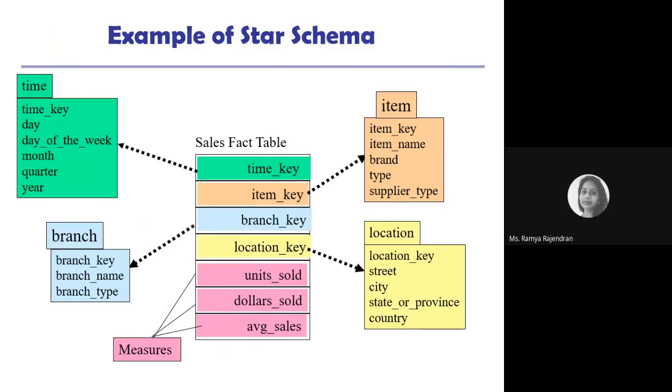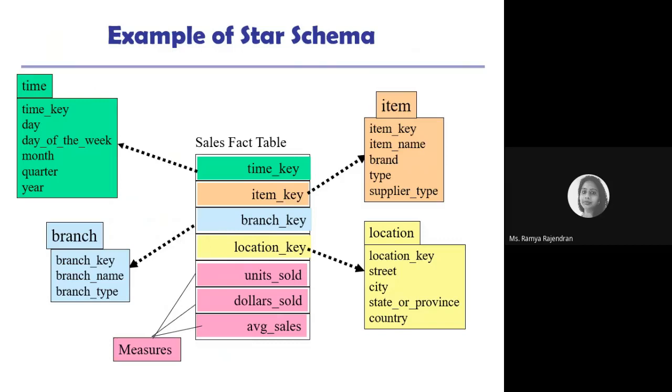Okay, so here is an example of a star schema. I have all the fact information, the measures, in the center: time key, item key, branch key, location key, units sold, dollars sold, and average sales. All these three are measures. The time key will have time information: day of the week, month, quarter, year.